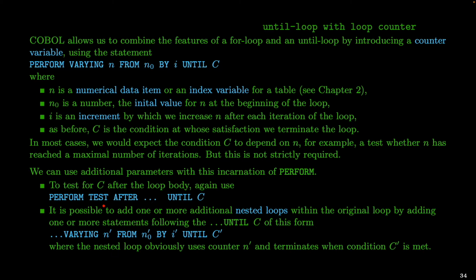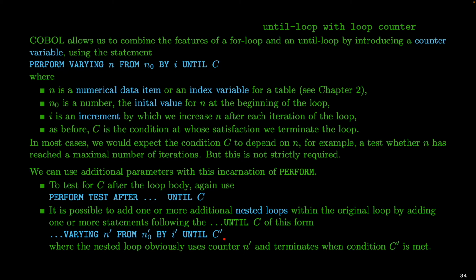And it is also possible to create nested loops by having multiple of these clauses combined in the same perform statement. So I could follow this line here with an additional clause varying n prime from n0 prime by I prime until c prime. So I would have a second counter with initial value and increment value and a second condition for termination.